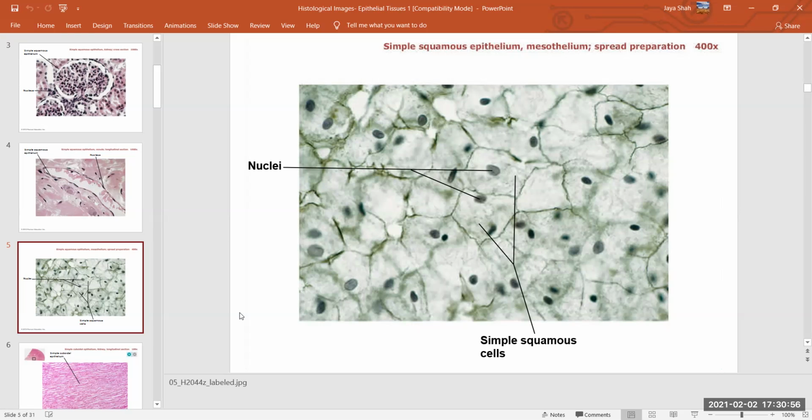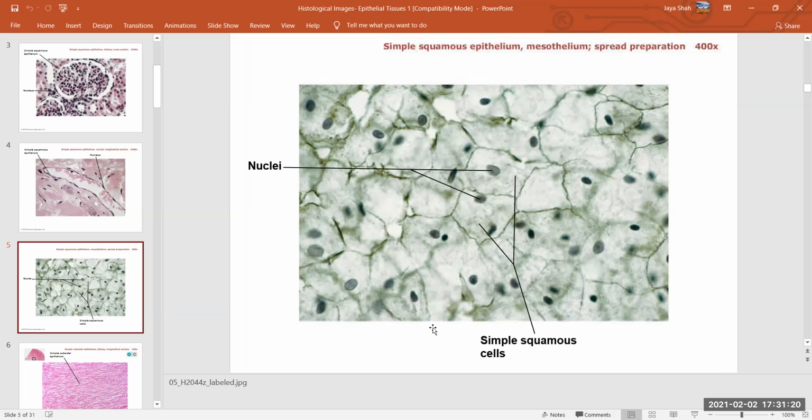As I said earlier in the lecture, there are three types of epithelium. Some are found on the surface, some in the middle cavity, some in the inside cavity. Mesothelium is from the pleura, peritoneum, and pericardium. And this is the mesothelium, particularly the pleura.